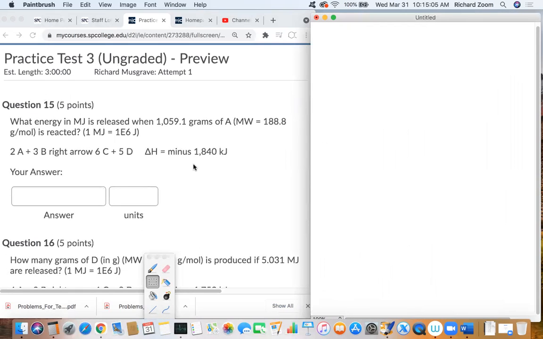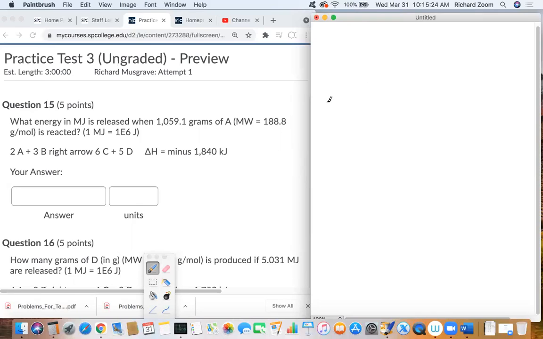Okay, so question 15, what energy is released when 9.1 grams of A is reacted? And we're given a reaction here along with the delta H value.